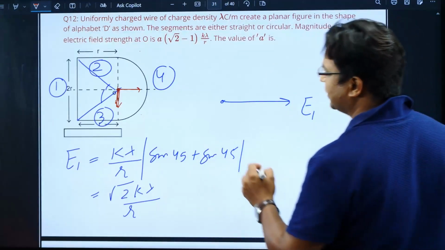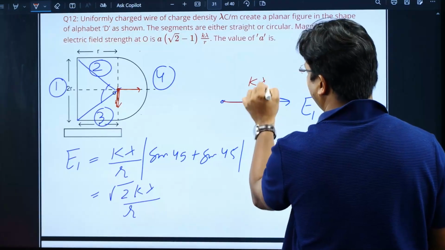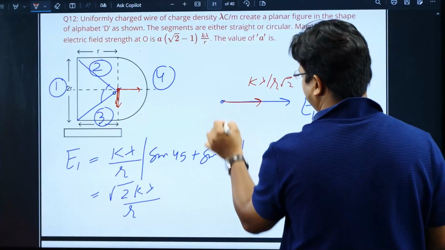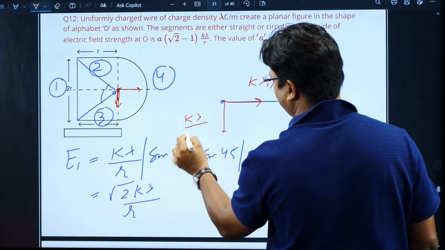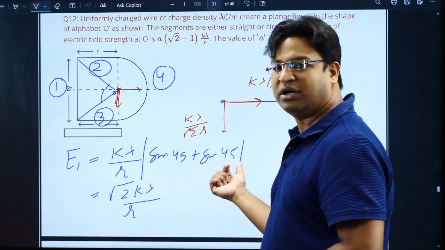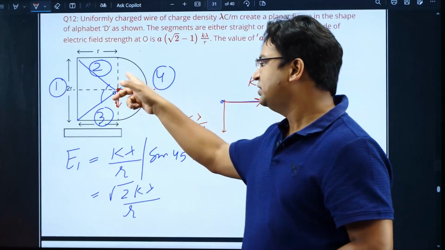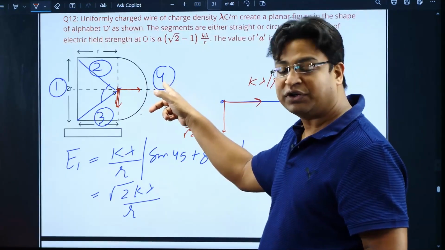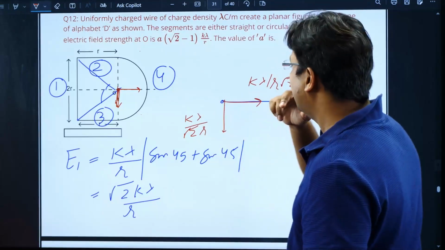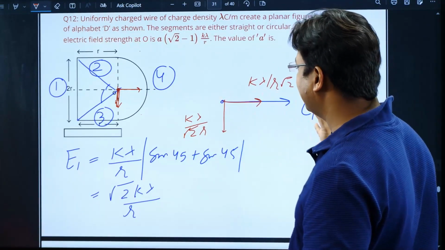So in this direction we will have k lambda by r root 2, and in this direction also we will have k lambda by root 2r. Because if I put 0 here and the other is 45, I'll get 1 upon root 2, and to calculate the parallel component we will use cos 45 and cos 0. So 1 minus... just a minute guys, to write the parallel component.